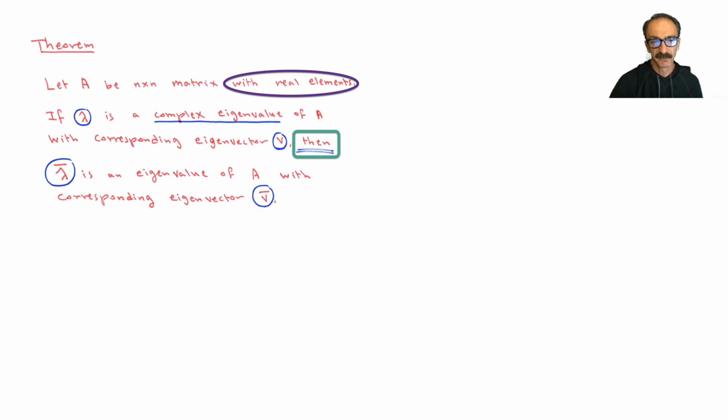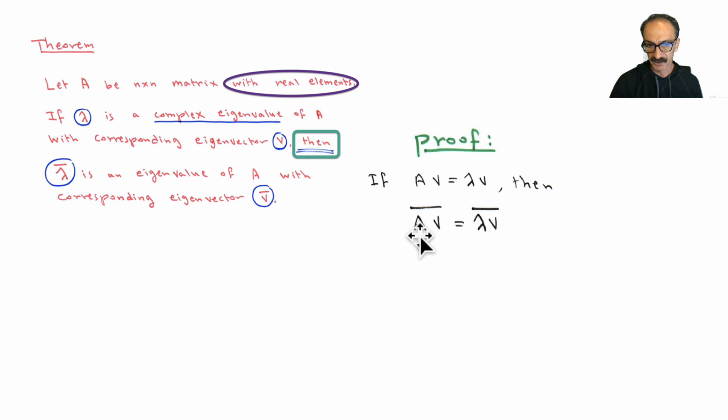Here's a short proof for this. We have Av equals lambda v, and apply the conjugate to both sides. We'll have the conjugate of Av equals the conjugate of lambda v. But A is real, as the theorem says, real elements.